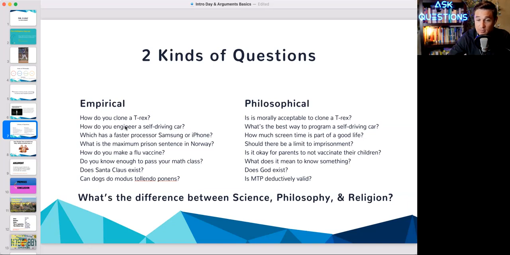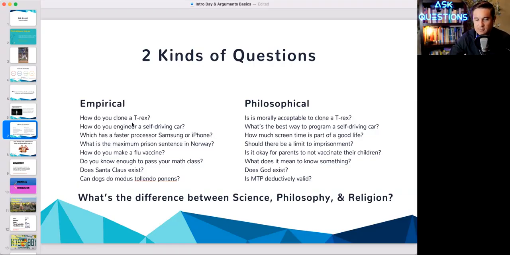How do you clone a Tyrannosaurus Rex? How do you bring back a dinosaur that has been extinct for tens of millions of years? That question is one that science is very well suited to answer. Let's put it that way.